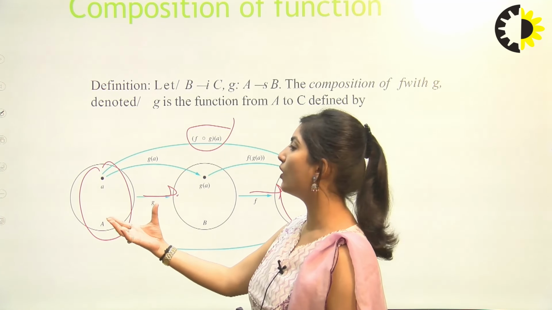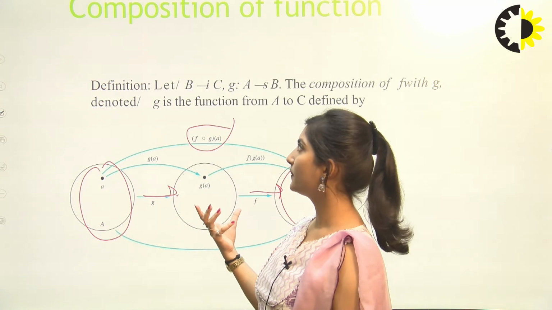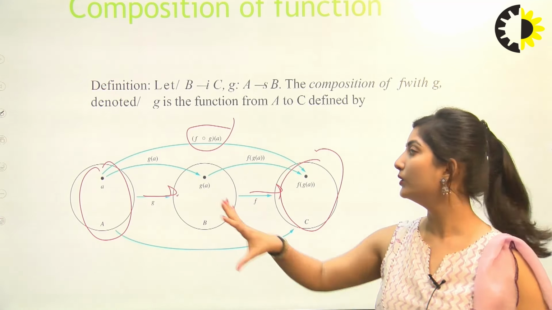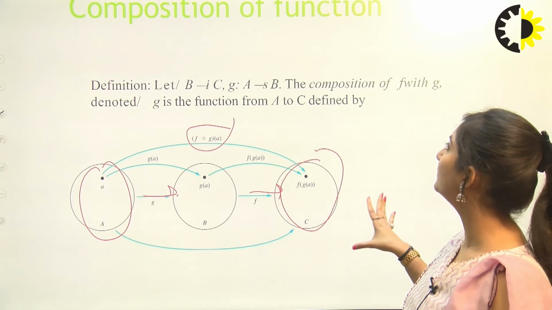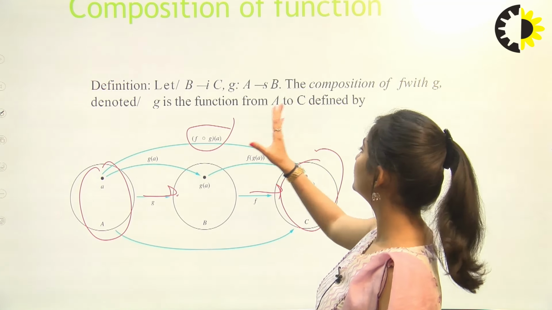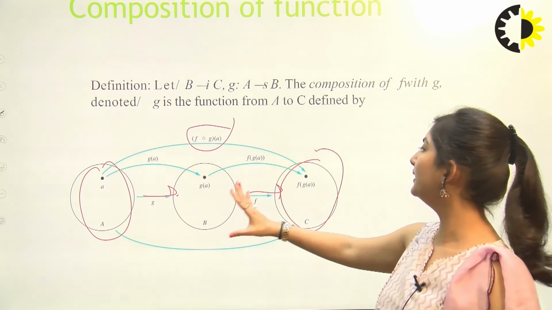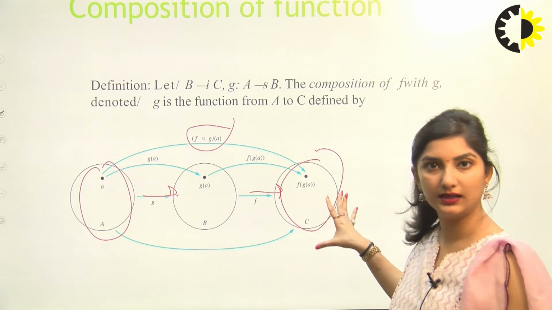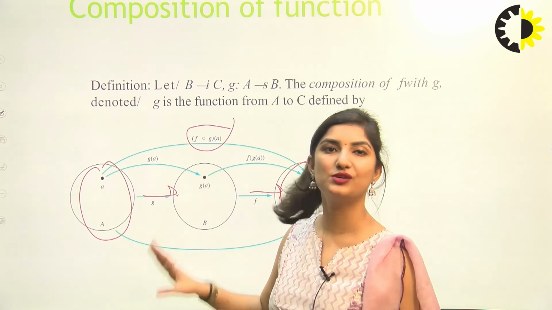So that is called fog. That is composition of function. You superimpose these elements, you map them to each other. The composition here means that this function A to B, B to C means A, B, C से related है. कैसे? F of G of A से.